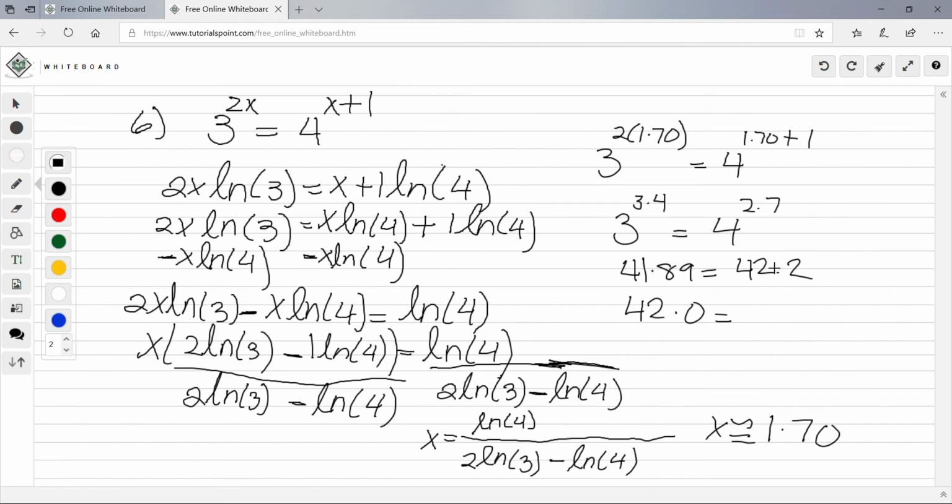As long as they're really close, that means it's true. 42.0 and 42.2, they're very close. So our x is about this value. So yeah, this section is review for logarithms, and you basically just solve for x and then check if it's true.